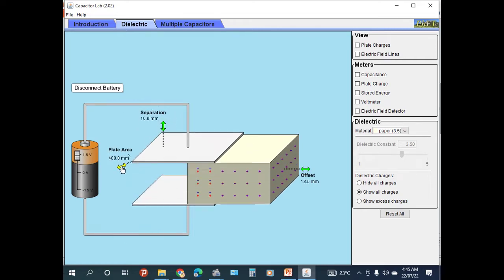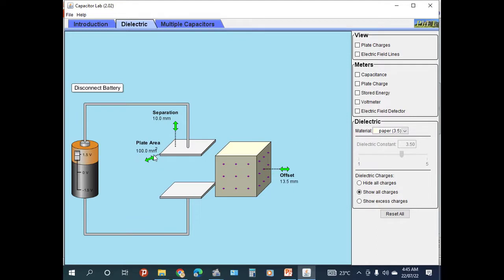Here it is maximum and here it is minimum, depending on the capacitance of a capacitor.